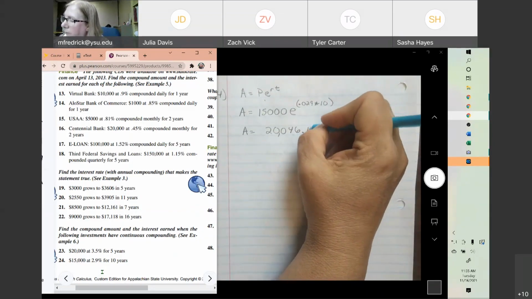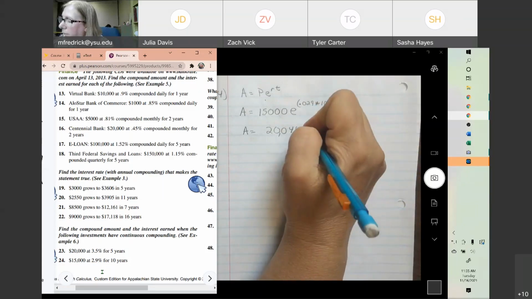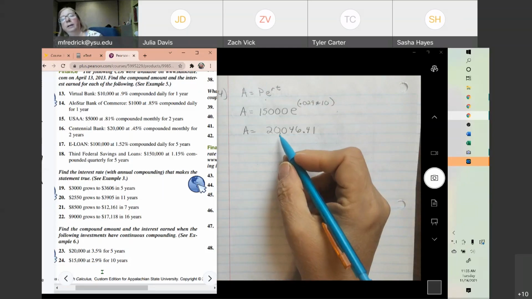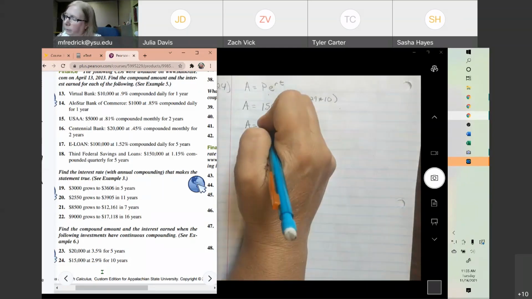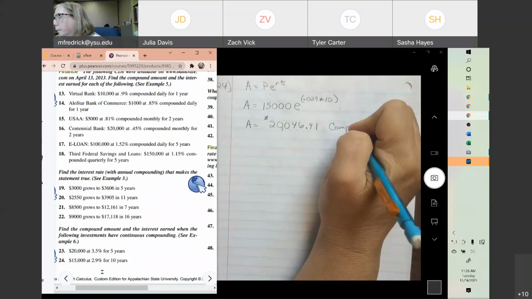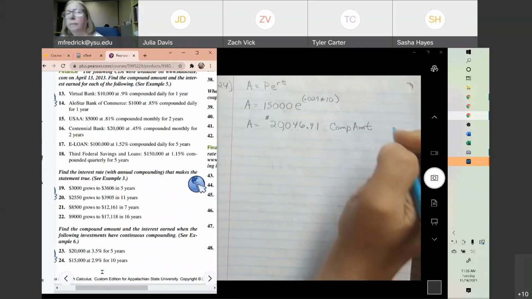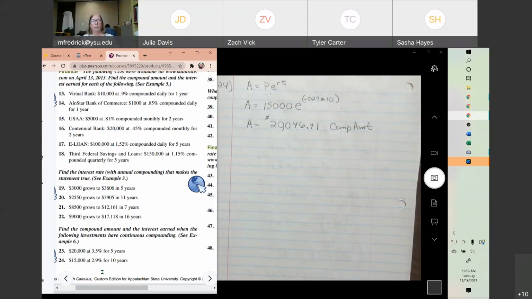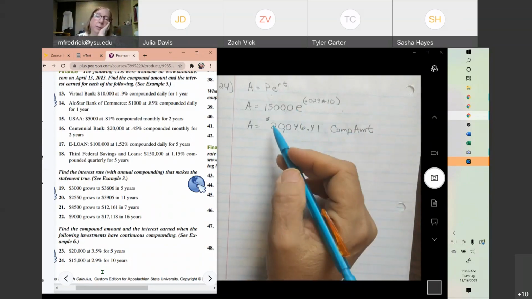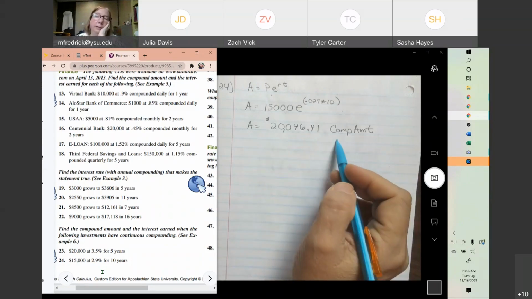And I'm rounding to the nearest cent. So $20,046.41. Any questions on that? They also want the interest earned. I think, yeah, compounded amount and interest earned. This is the compounded amount. It's the total amount at the end.